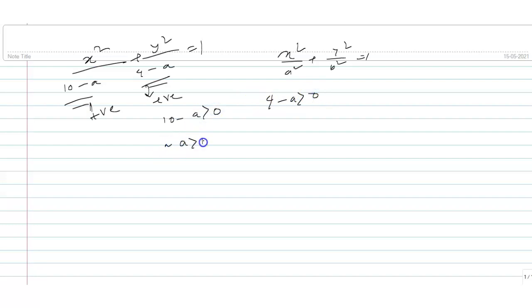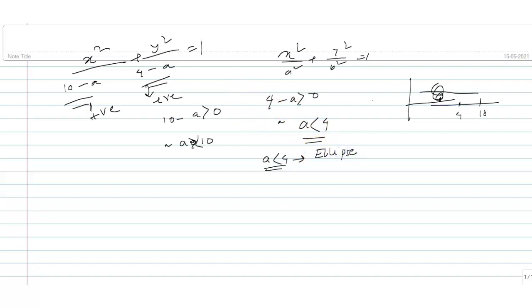That gives a less than 10 and a less than 4. The common condition is a less than 4, so that this equation will be an ellipse. Clear?